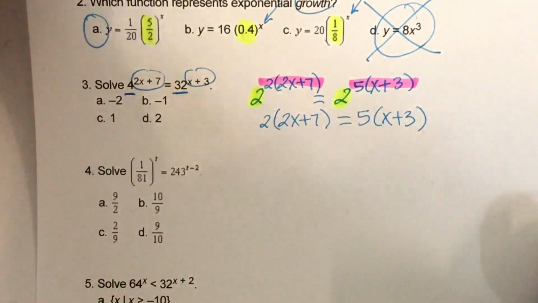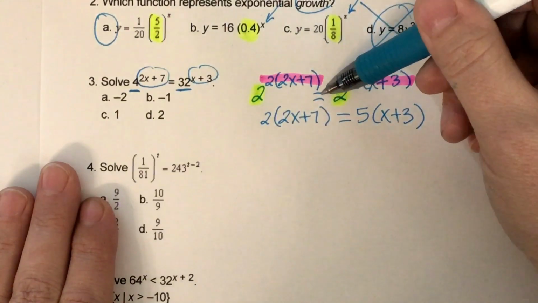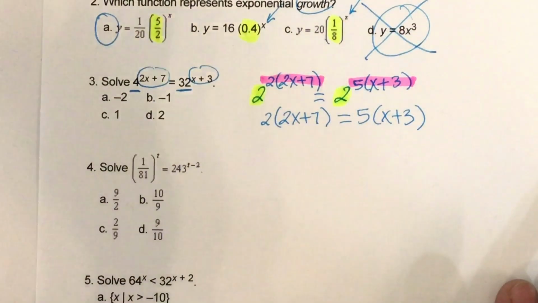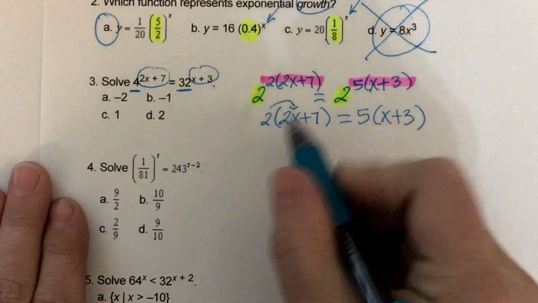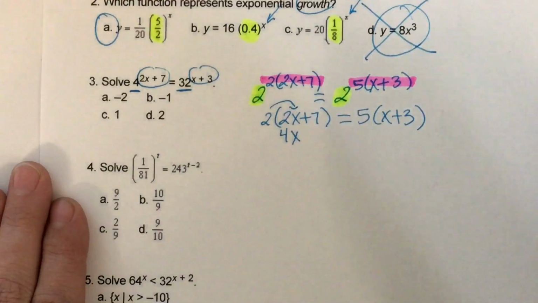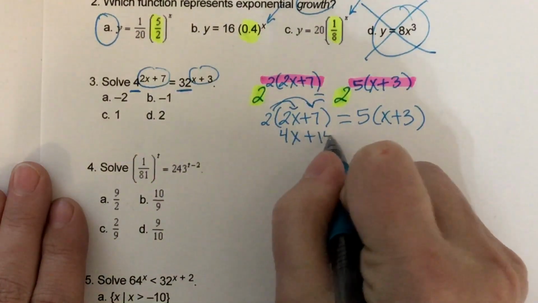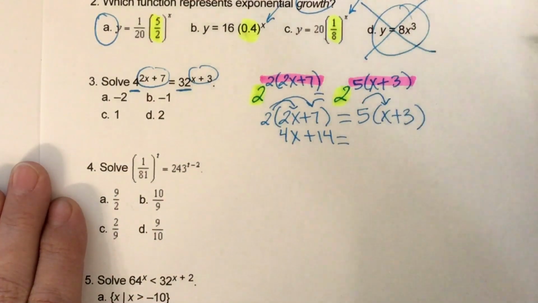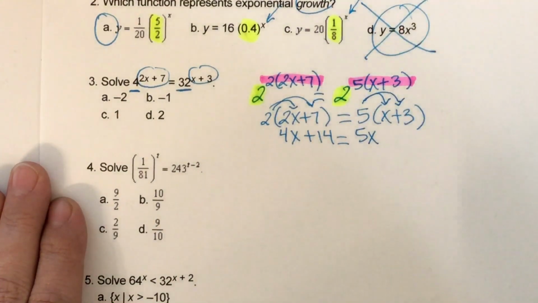Hopefully that makes sense to you logically. If the bases are the same, then in order for them to be equal, the exponents have to be the same. Okay, we need to distribute to get rid of the parentheses. 2 times 2x is 4x, and 2 times 7 is 14. Then I'm going to distribute the 5. 5 times x is 5x, and 5 times 3 is 15.